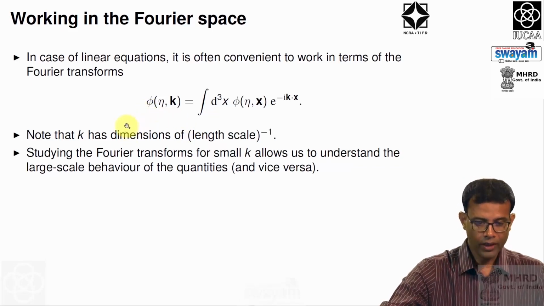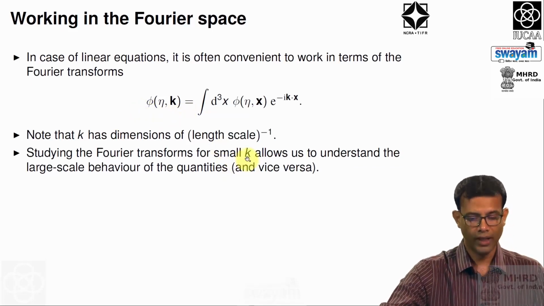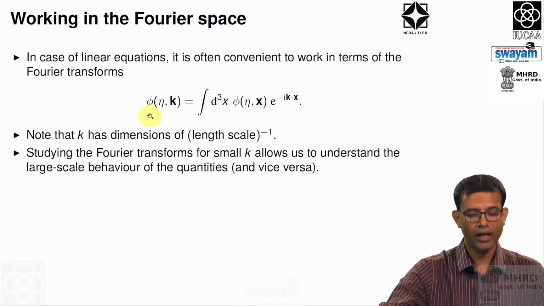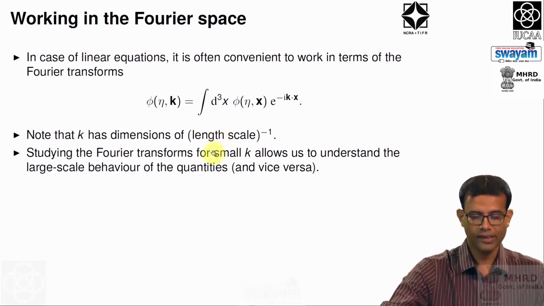For example, if you study this quantity for small values of k, that would allow you to understand the large scale behavior of this potential phi, and vice versa. Large k would give you the small scale behavior of the same quantity.